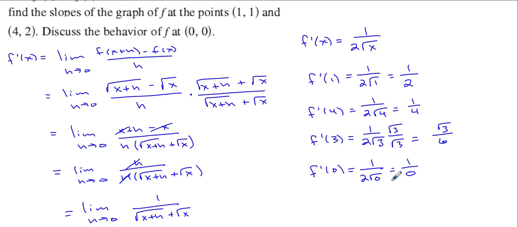Vertical what? The slope is a descriptor of something. It's a vertical what? Tangent line, right? We have a vertical tangent line at x equals 0, because the slope is undefined.